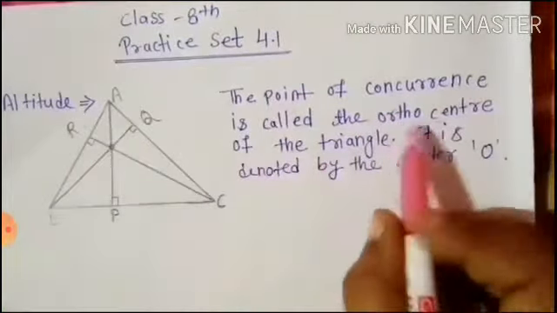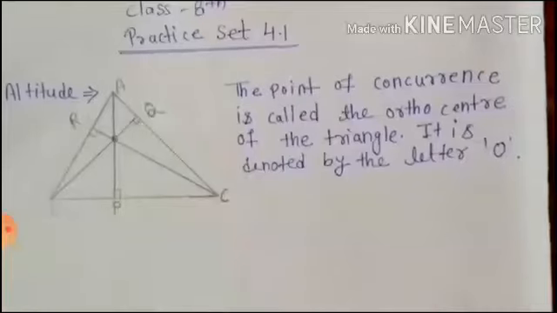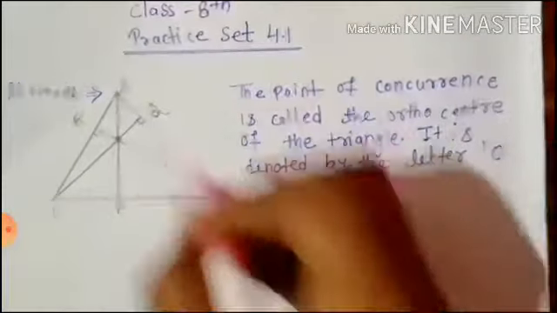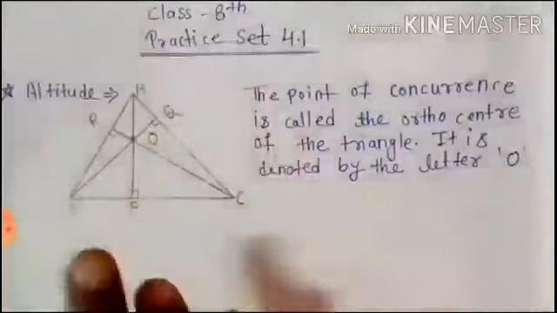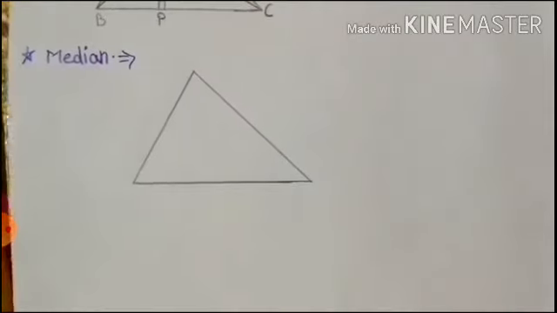Orthocenter means the point of concurrence of these three altitudes, and the orthocenter is always denoted by O. This is the concept of altitude.